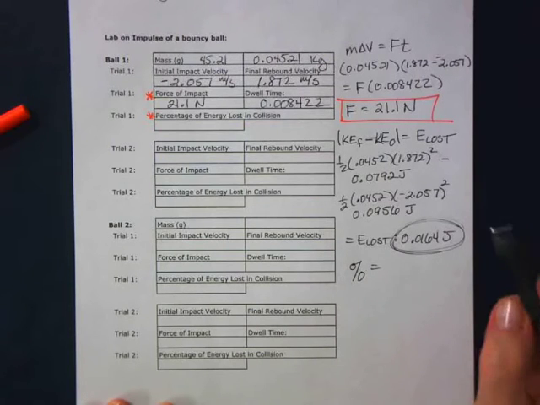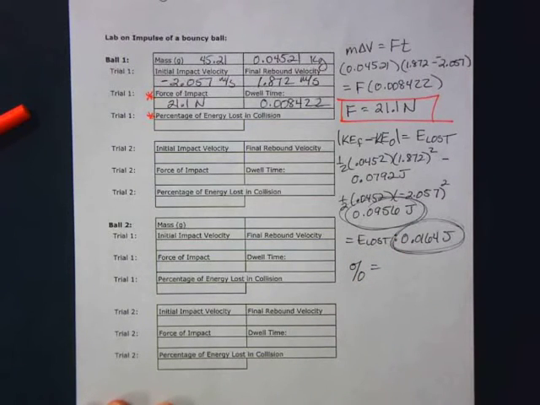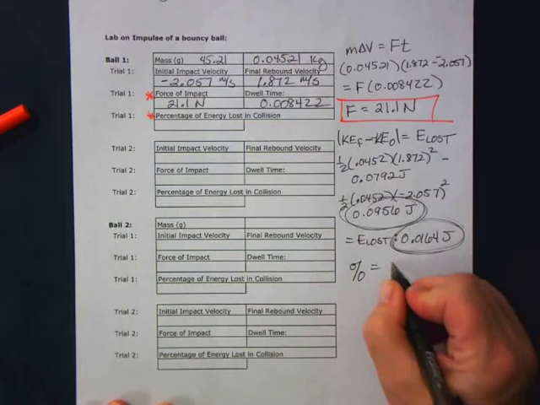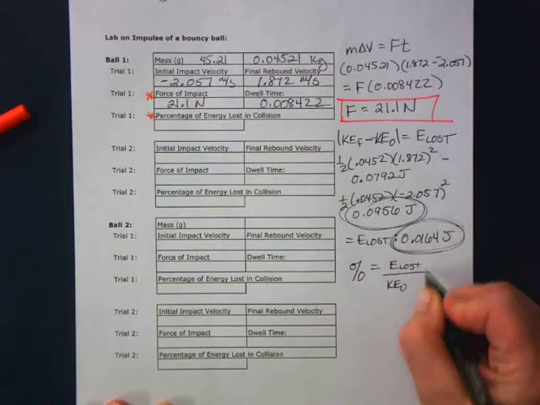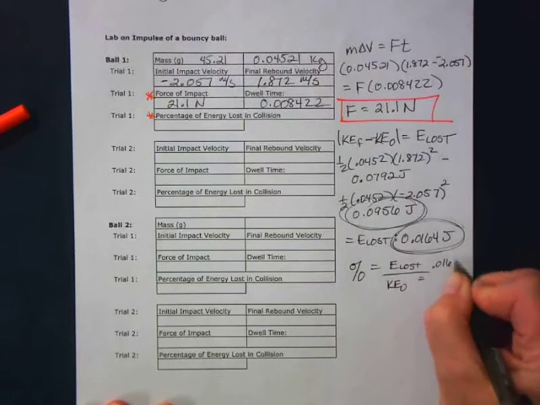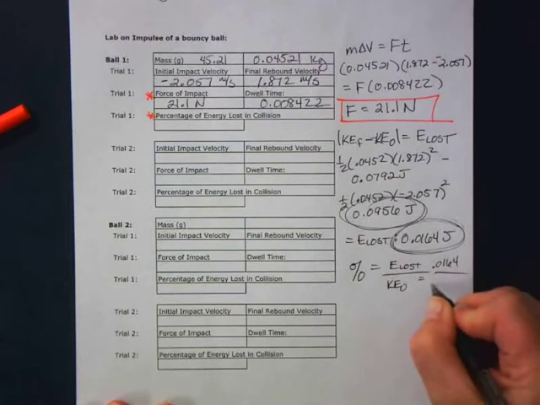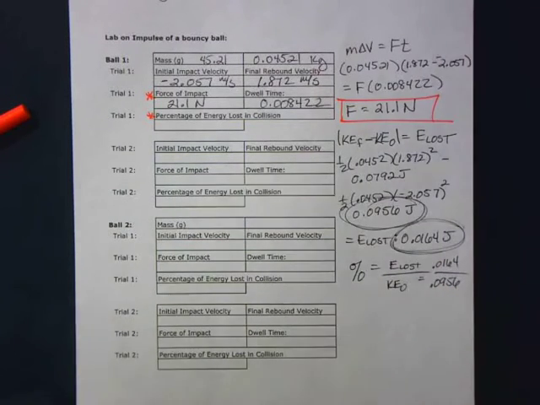To find the percent, you need to do the change, the loss, divided by the initial. Okay? So energy, in this case, that'll be 0.0164 over 0.0956.